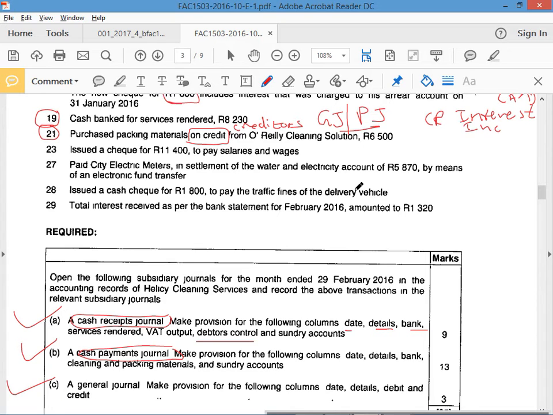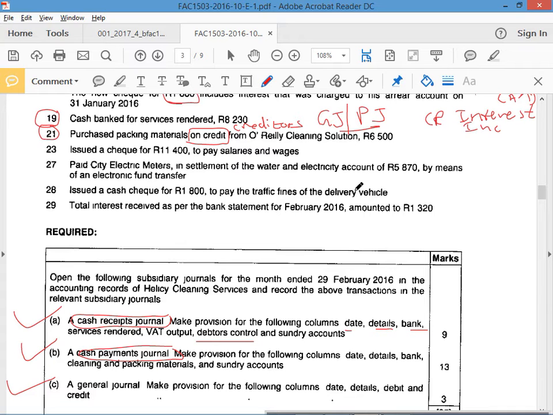I don't know if they want me to record this or not in the general journal. I'm going to record it anyway because they gave it to you. Obviously this wouldn't go in the cash journals, because this was a purchase on credit. If it's a purchase on credit, it's a creditor. Do you agree? You're owing them.